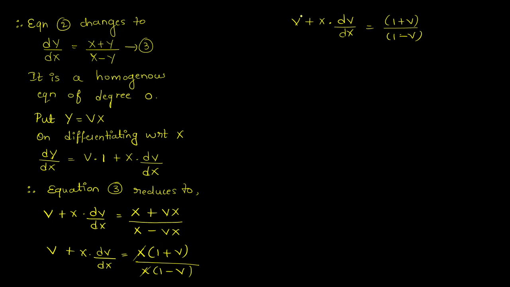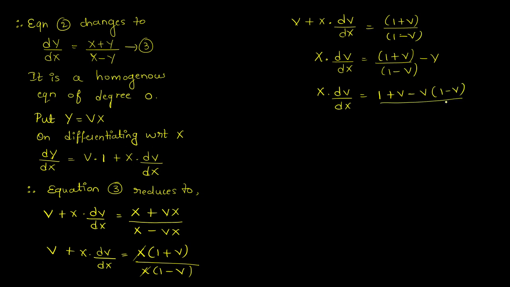Before that, we see that v is in addition with this, we'll take v on the other side, so we get x dv/dx equals (1 + v)/(1 - v), and here plus v becomes minus v on the other side, so x dv/dx equals, if you simplify this further taking the LCM, 1 + v as it is, this gets multiplied here, so we get minus v times the bracket (1 - v), whole divided by 1 - v in the denominator.